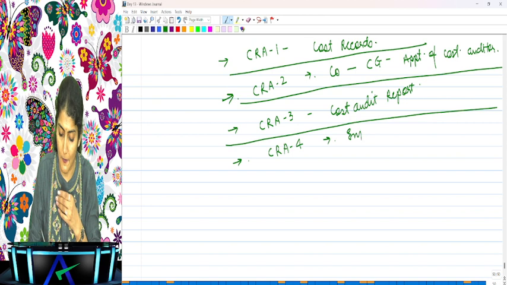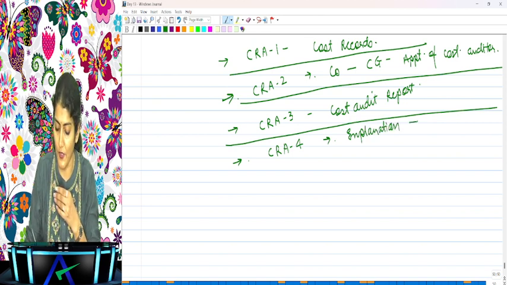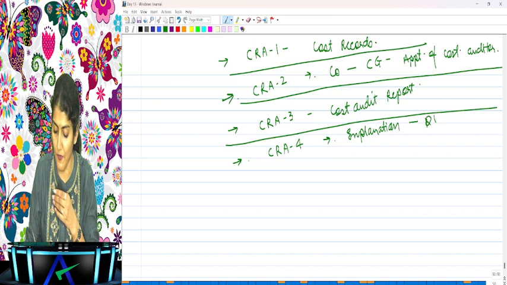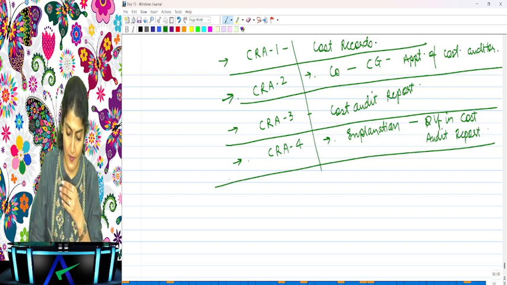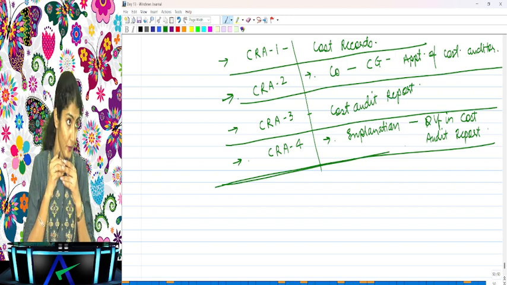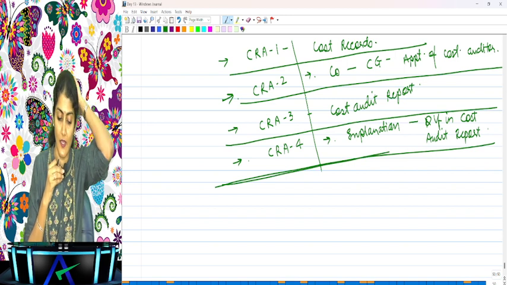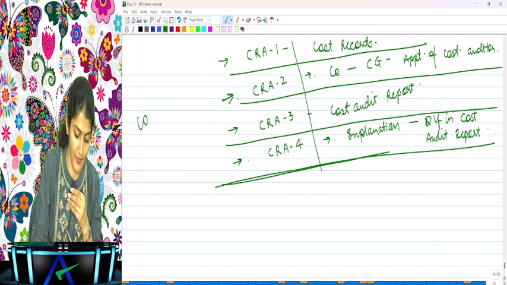It is the explanations to any reservations or qualifications in the cost audit report, which is to be filed with the central government, right? So that is CRA 1, 2, 3, 4, and that is our discussion regarding the cost audit.